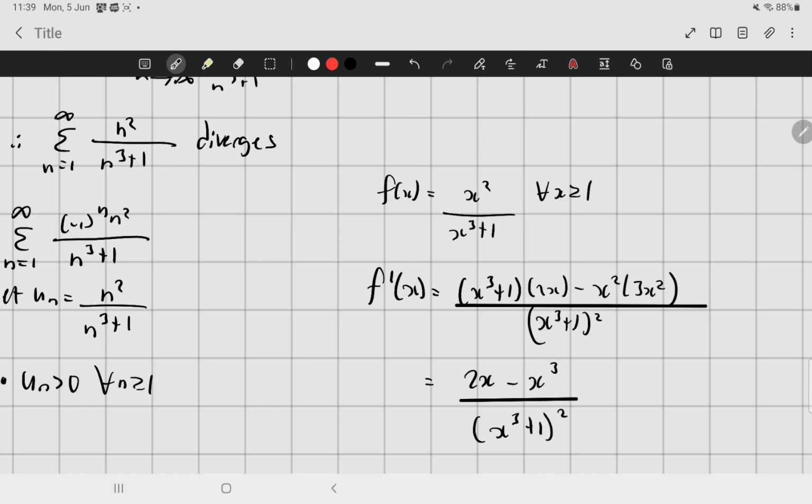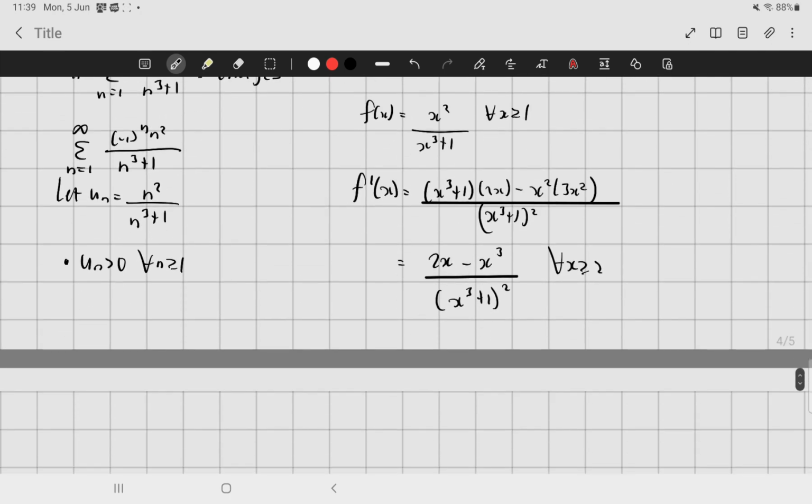Okay. At x equal to 1, the slope is still positive. But when x is equal to 2, it's a negative value, and so on. Because this is much larger than this when x becomes equal to 2. So this implies that this is a decreasing function, which also implies for the n-th term to be decreasing.